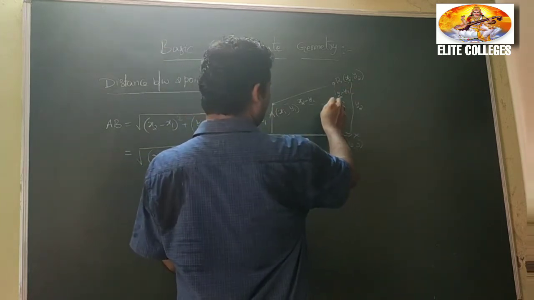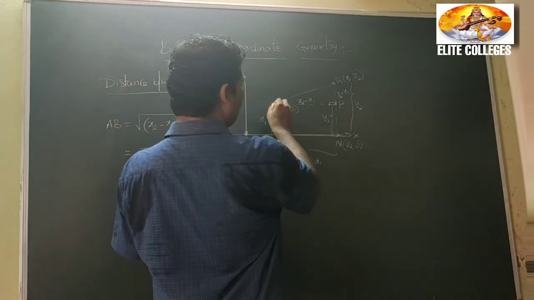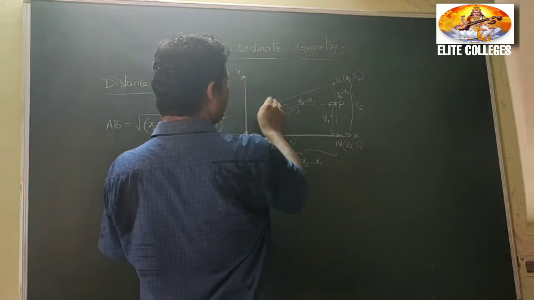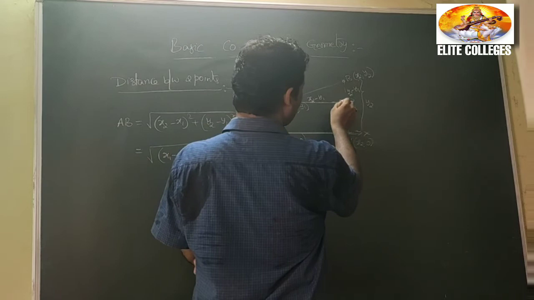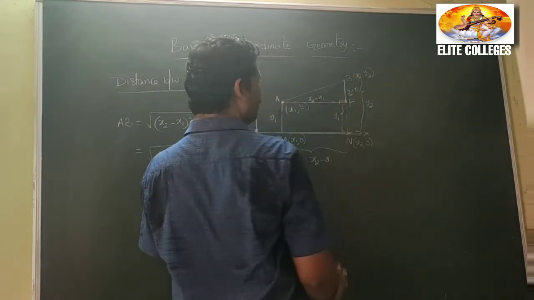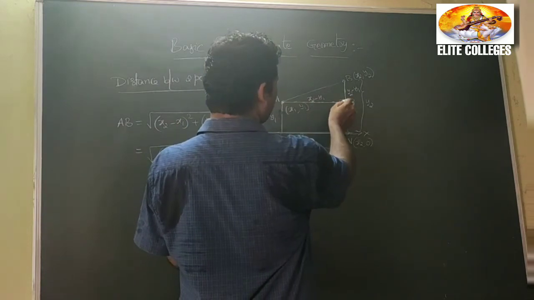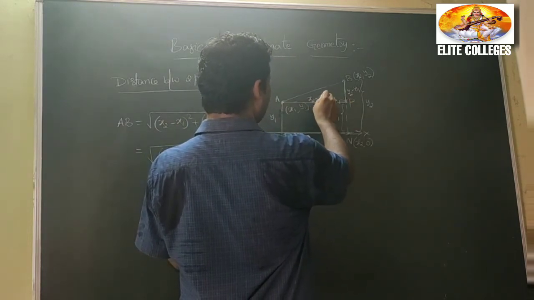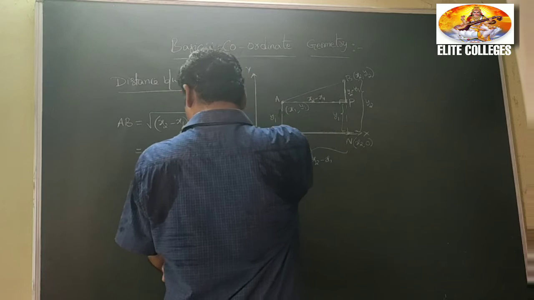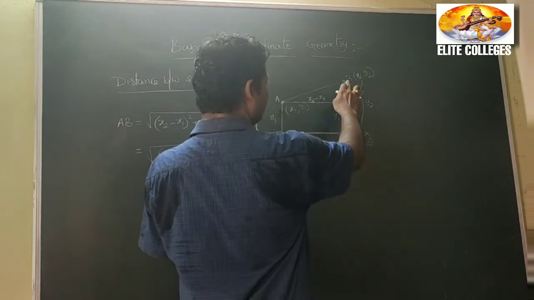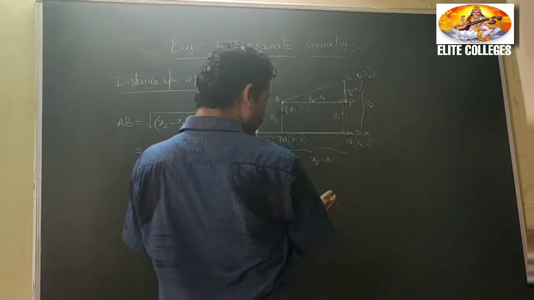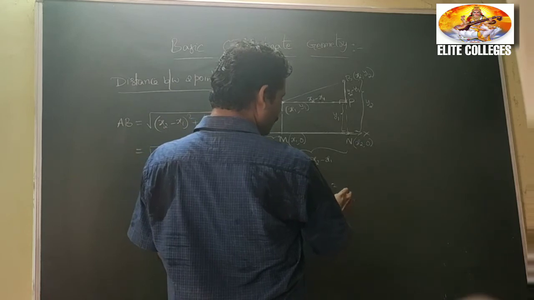Now apply the right angle triangle. This is the right angle triangle, with points A, P, B. This distance is x2 minus x1. This distance is y2 minus y1. Now what is the AB square?